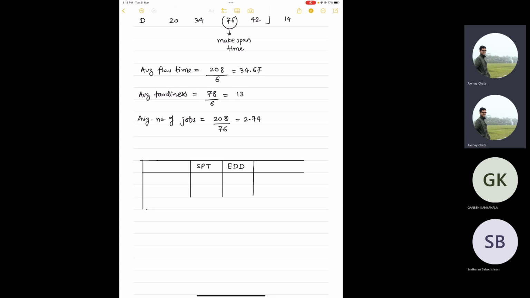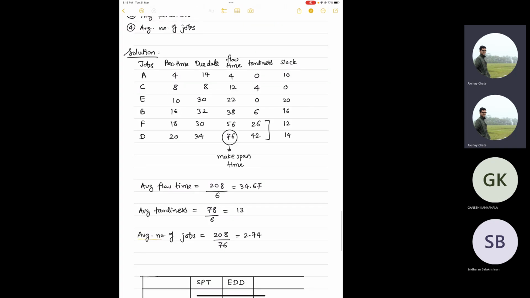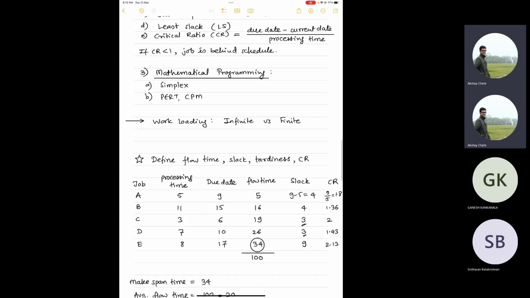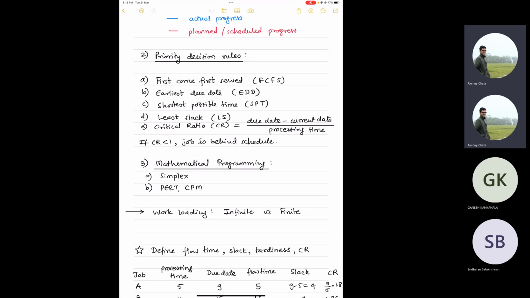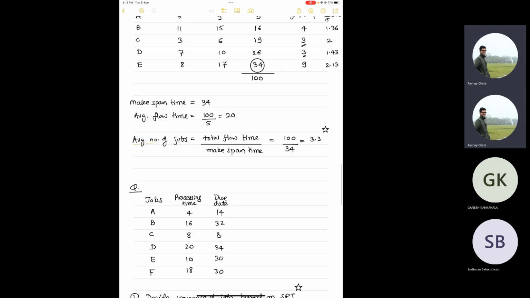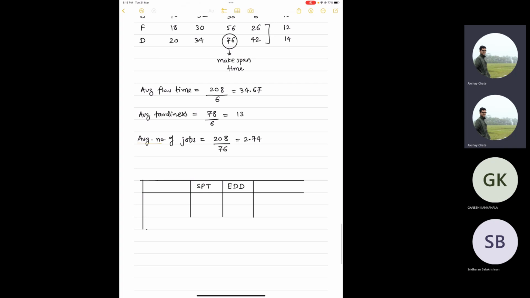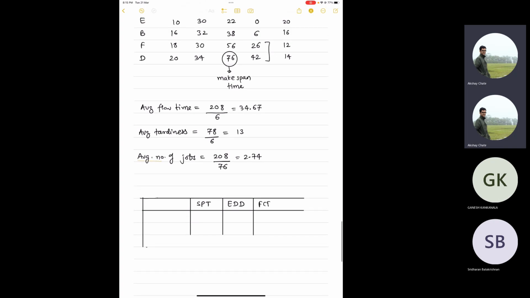Then you'll repeat the calculations using the next rule. What is remaining? FCFS, first come first served. Then maybe CR based. So that is how you do the calculation.